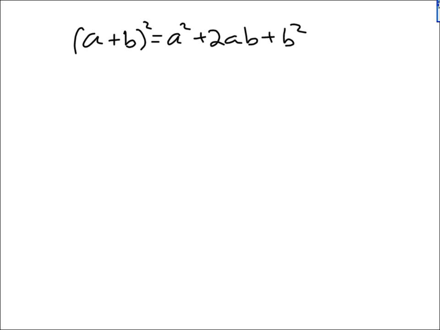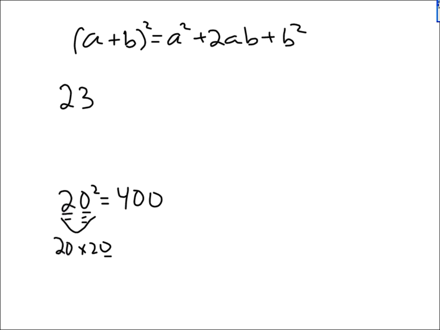The calculator only has a fixed time that it's going to live for. As long as you know that 20 squared, 2 times 2 is 4, and you have 2 zeros, one from the first 20 that you're multiplying and one from the second. Remember, that means 20 times 20, 2 zeros.